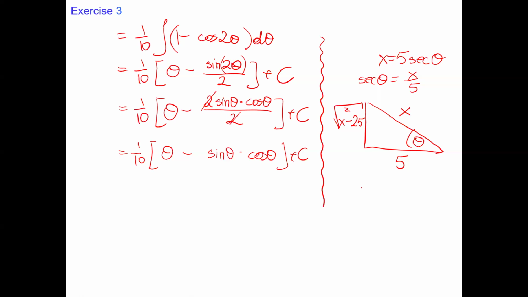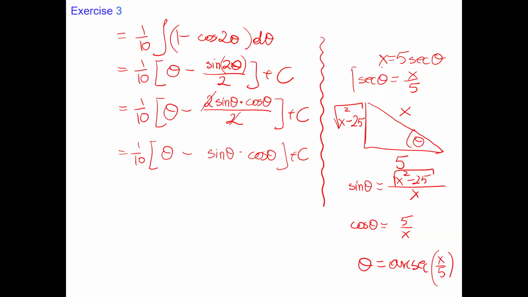Okay, and we need sine. That means sine theta will be opposite over hypotenuse, and cosine theta is just the flip of secant, which is adjacent over hypotenuse. And theta will be arc secant of x over 5, from here. We have everything.